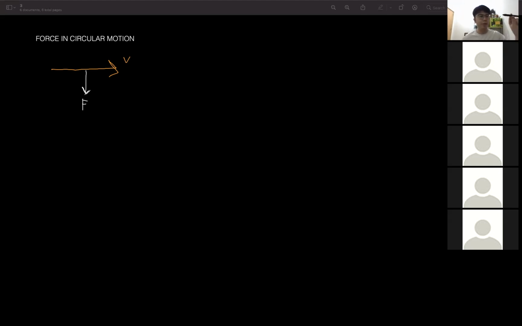Here, it is moving in this direction. I apply a force, pull it down, so now it moves in this direction. Again, I continue to apply the force, pull it down, and now it moves in this direction, like this. So the force that is applied must be continuous.